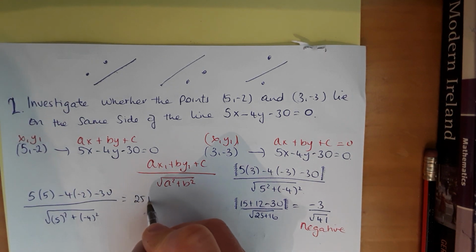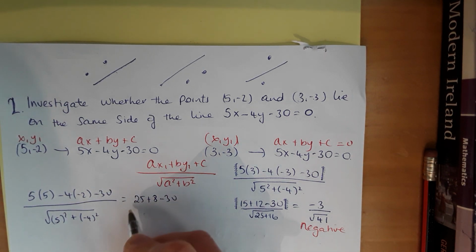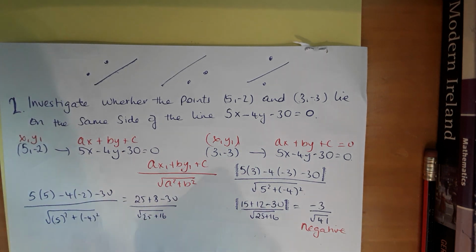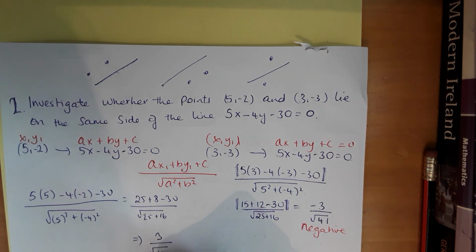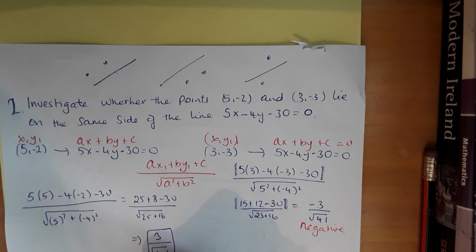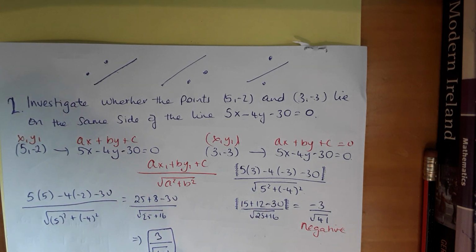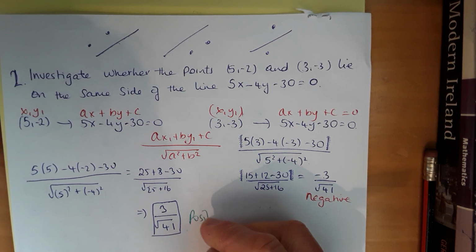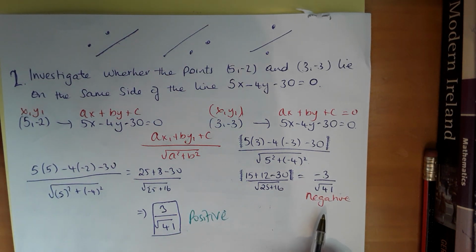So 25 plus 8 minus 30 over the square root of 25 plus 16. So 25 and 8 is 33, take away 30, and it's 3 over root 41. Now, this answer, 3 over root 41, is a positive answer. So from that, one is positive and one is negative.